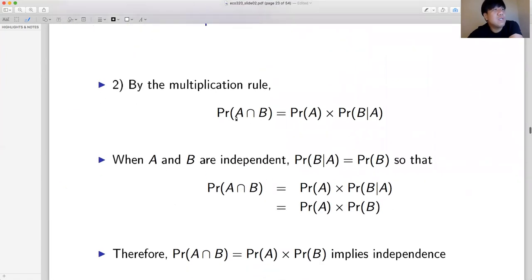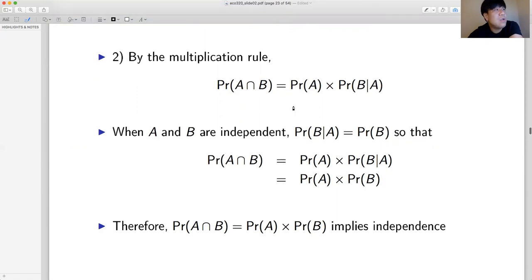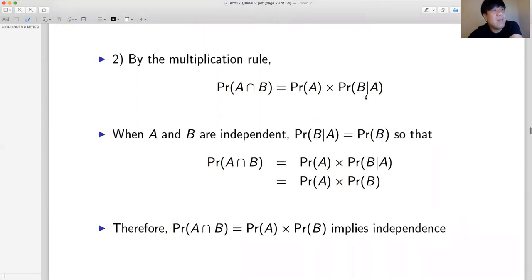Second one is using this one. A couple slides ago, we found that the probability of B given A was what? Probability of A intersection B over probability of A, right? So multiply by probability of A, you get the multiplication rule. And if they are independent, that means what? This probability of B given A is what?